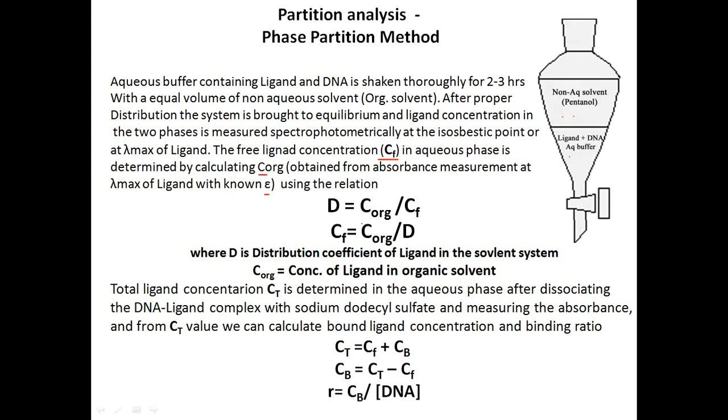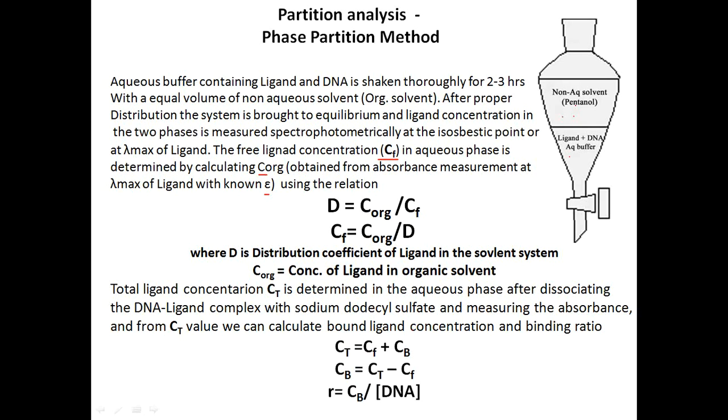Because we have taken the DNA and the ligand in the aqueous layer, whatever ligand is bound to DNA will remain in the aqueous layer. The unbound ligand will be transferring into the non-aqueous layer, and there will be distribution occurring between the aqueous and non-aqueous layer for the unbound ligand.